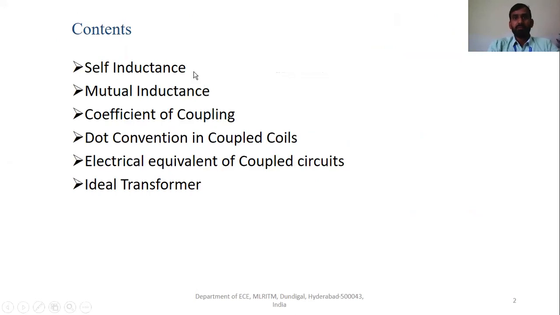So till now we have cleared the definition of the self-inductance and obtained the expression for it, and the mutual inductance we have cleared, and we have obtained the expression for the coefficient of coupling or coupling factor K, and also the relation between the coefficient of coupling K and the mutual inductance, right?